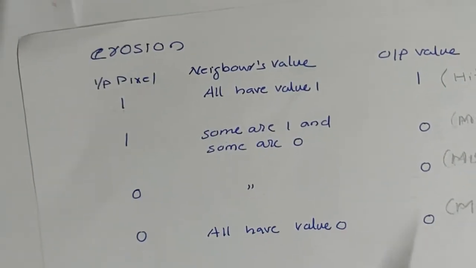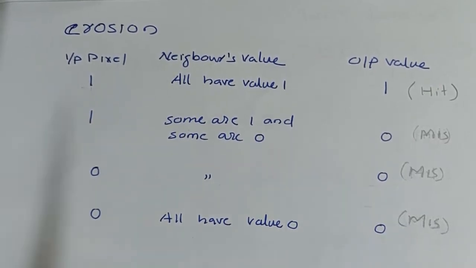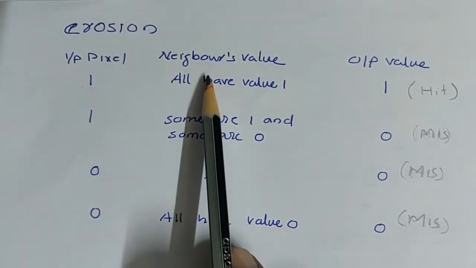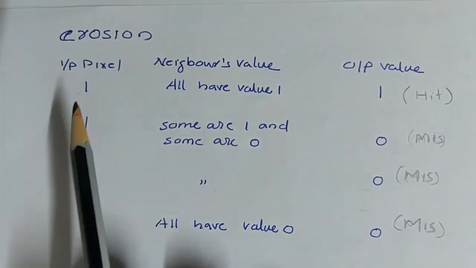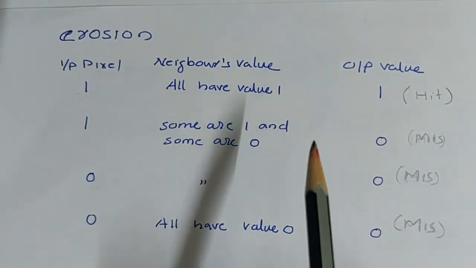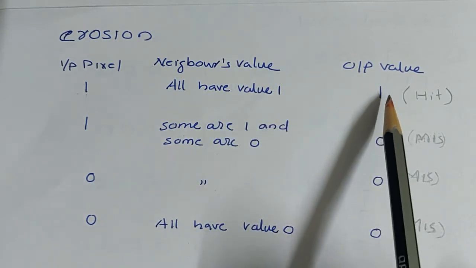We want to know how the erosion operation changes the pixel value. That is the convolution approach. If the pixel value is 1, then we will check its neighbors' values. If all neighbors have value 1, then the output value will be 1.